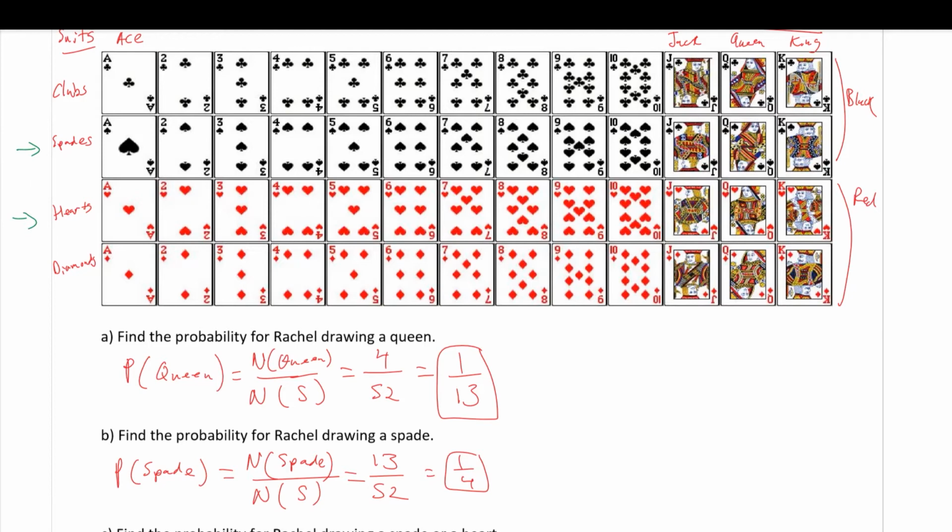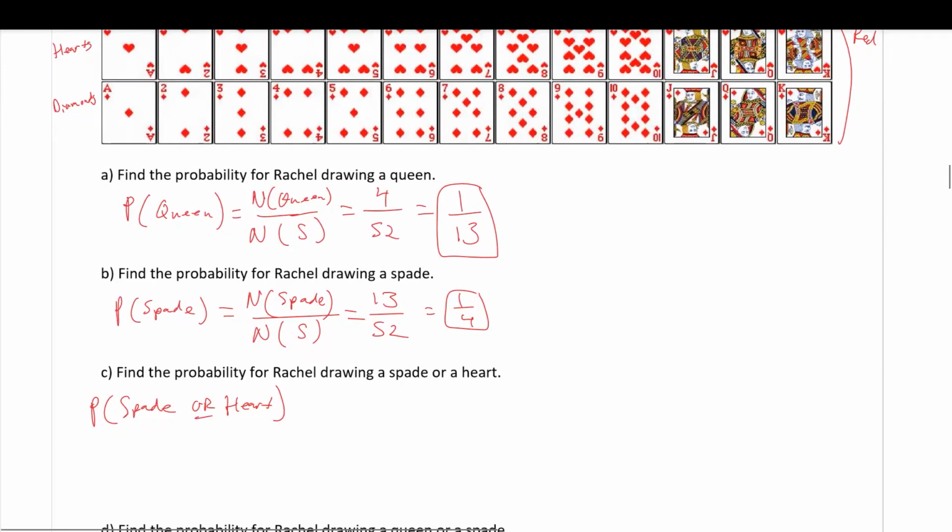Well, it looks like there's not, right? There can't be a card that's both a spade and a heart. So we would say that these 2 events are disjoint. So if they're disjoint, then we can simply use the rule that says probability of spade or heart is simply the sum of the individual probabilities. Okay, and we know for spade, we know that to be 1 in 4.